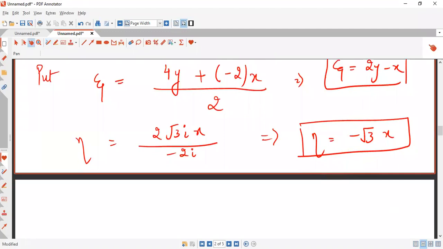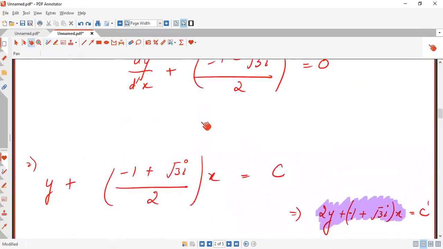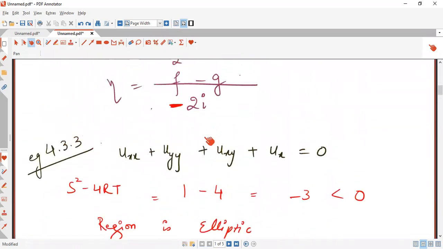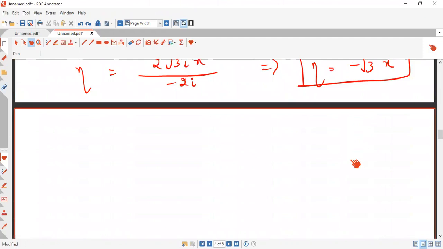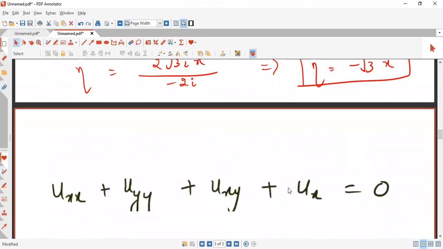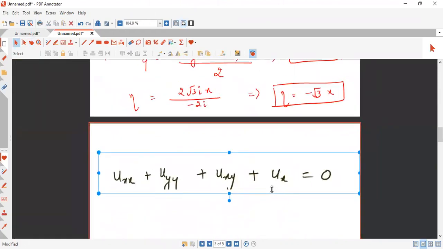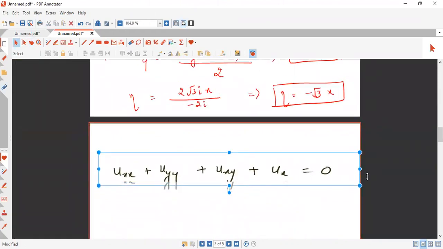So now we will get to the last step, u in terms of xi and eta. So uxx, uxy, and uyy. And ux was also there in the question. So this was the equation, right?